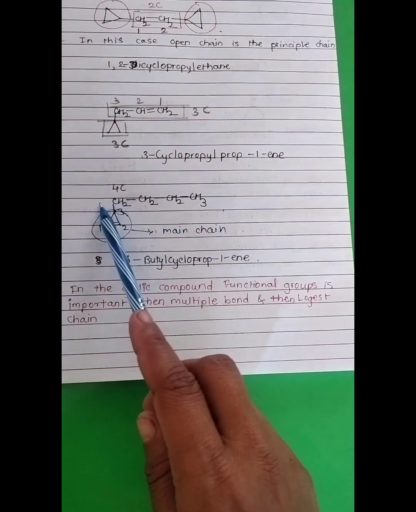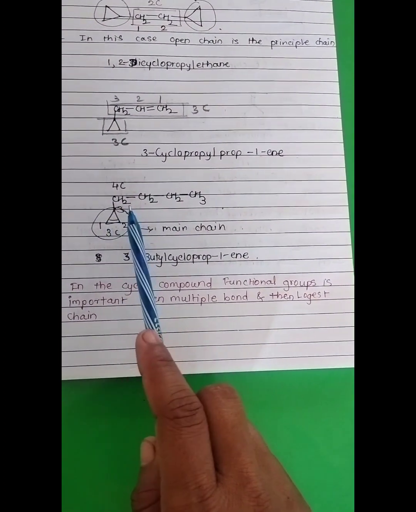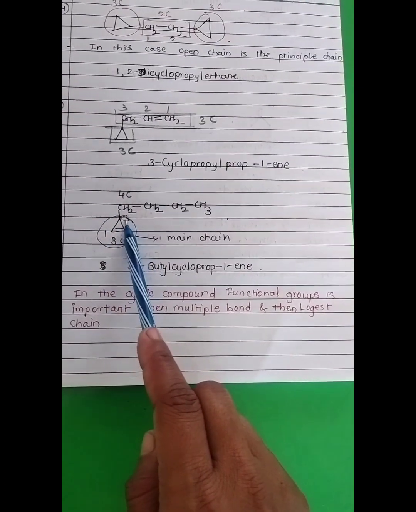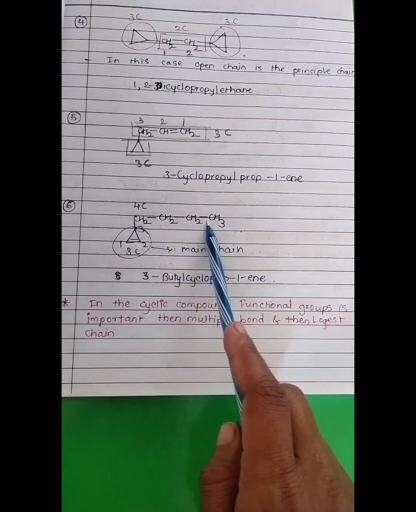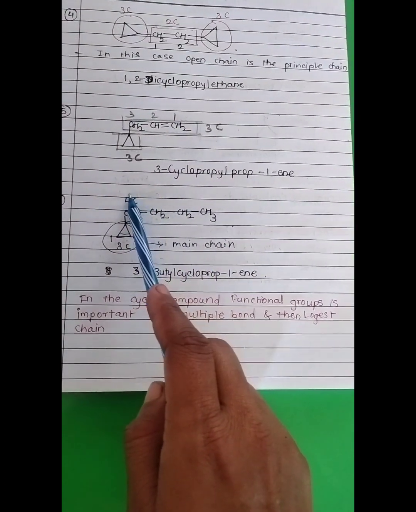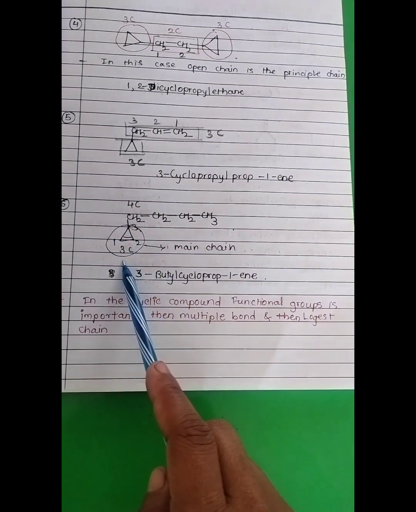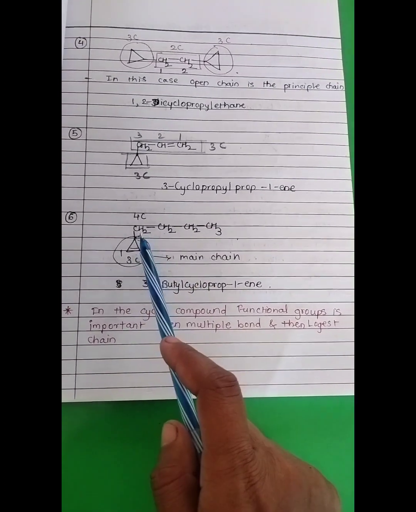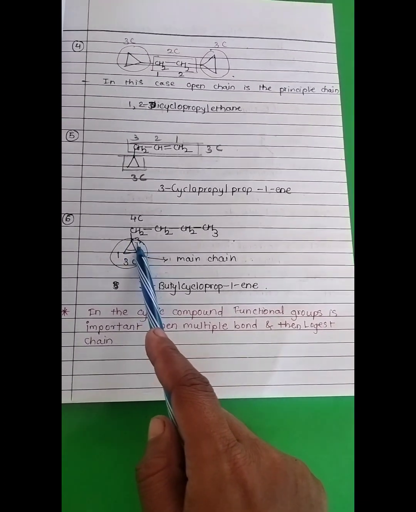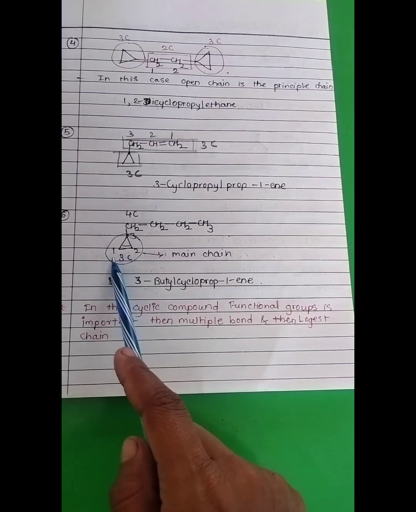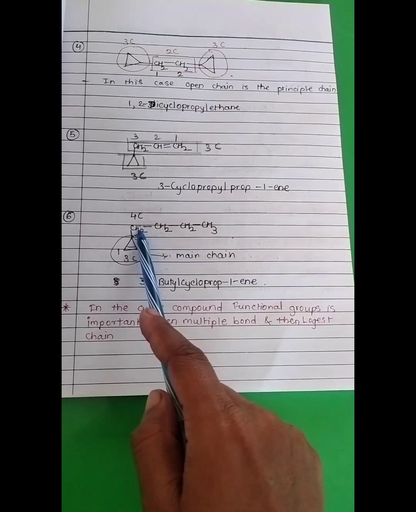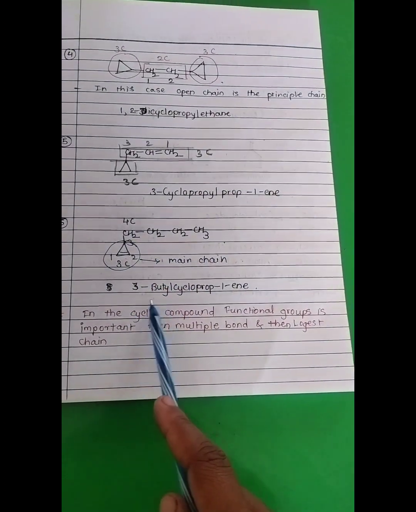Then if the cyclic compound has the double bond, in this case we consider the cyclic compound as the main chain, and the open chain is the side chain or substituent. The open side chain consists of 4 carbons, and the cyclic chain consists of 3 carbons. Numbering the cyclic main chain 1 2 3, in the third position the substituent or side chain is attached, so 3 butyl.